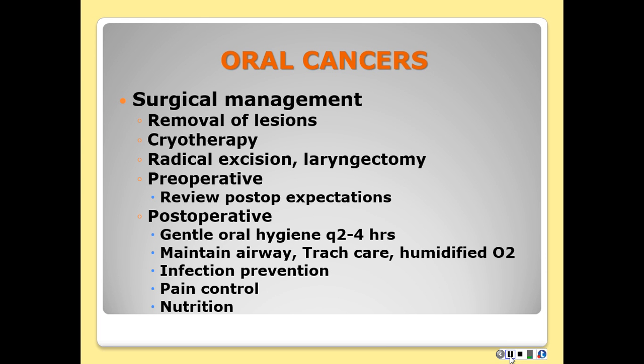It's when the lesions are a little larger that we may have to go in and do some resection. This is when we're talking about radical excisions. Your patient who has a radical excision may also have a laryngectomy.